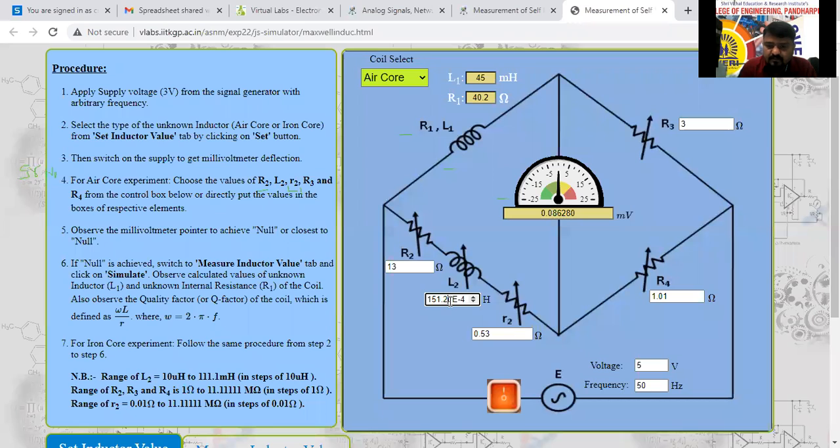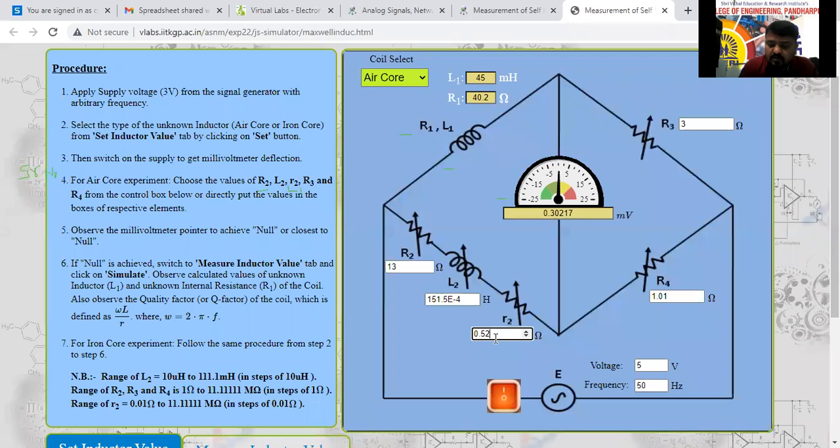See here, it is coming down. 0.08 is there. Yes, sir. 45. Okay, 0.08, that is almost achieved here. The null detector we have achieved this one.